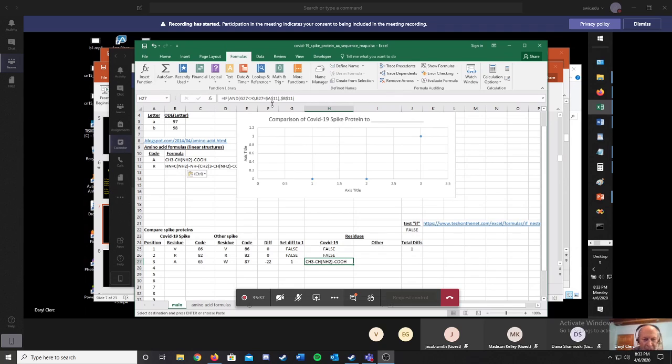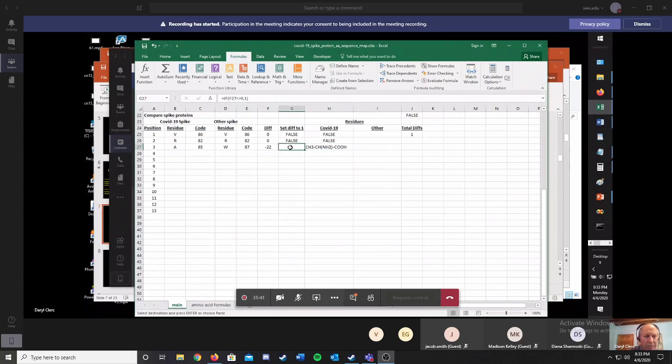This one looks at G27, which is here, it's a 1. If it's not 0, then it asks if B27 is equal to A11.